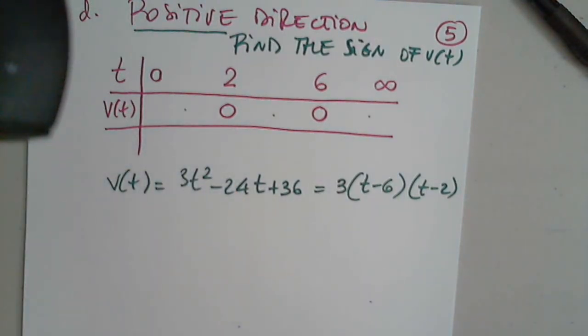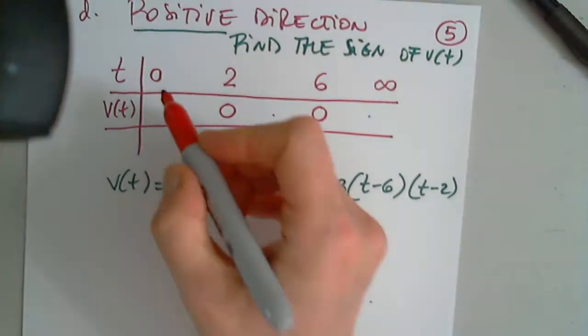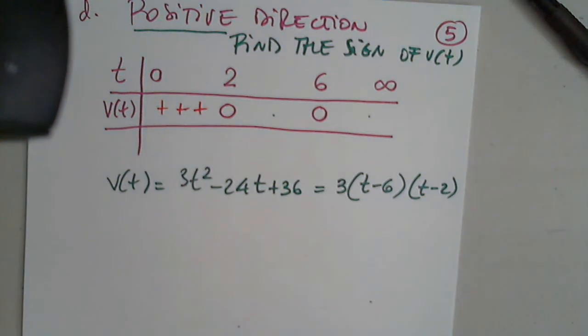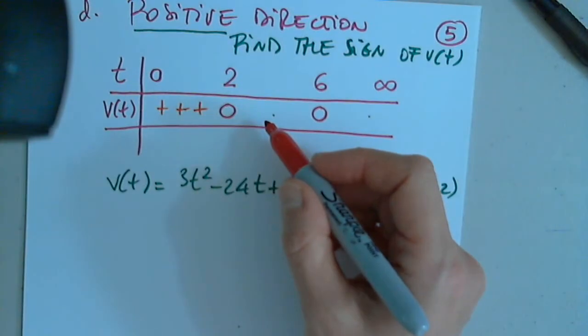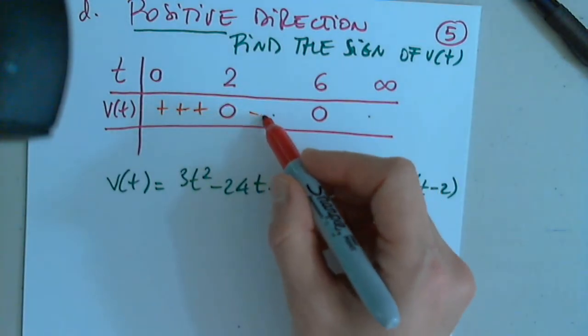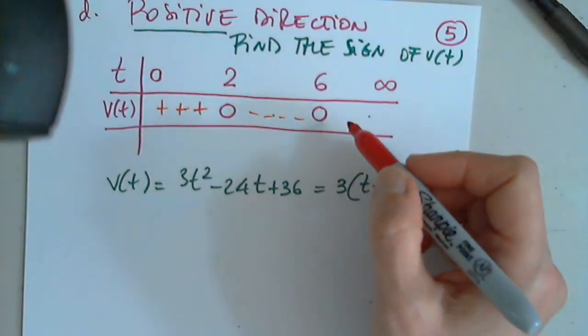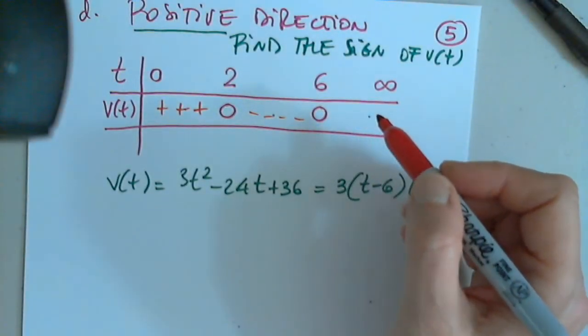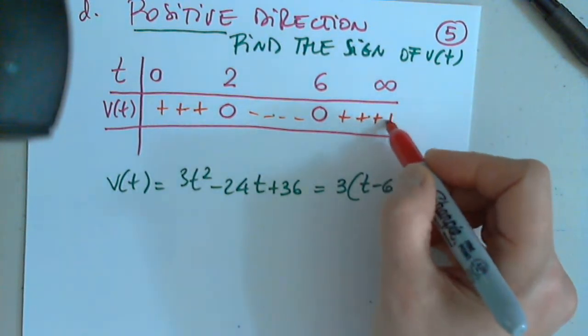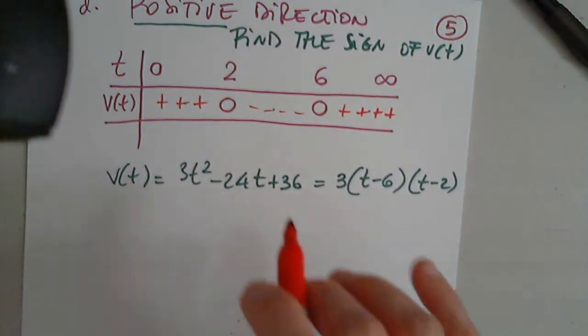I think it might be positive. So to the left is absolutely positive. Between 2 and 6? Negative. And between 6 and whenever? Positive.